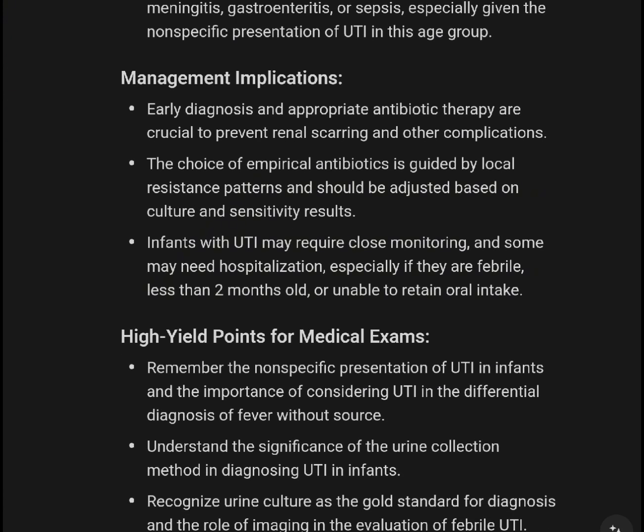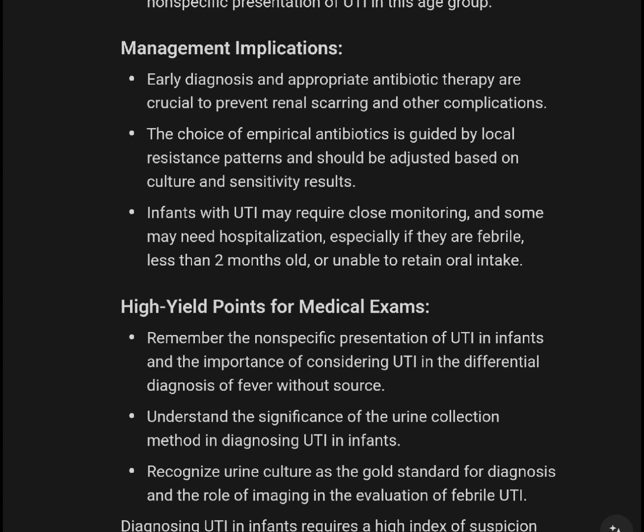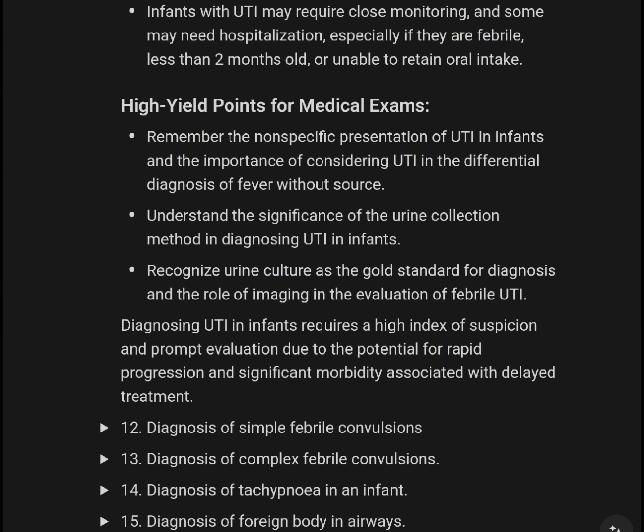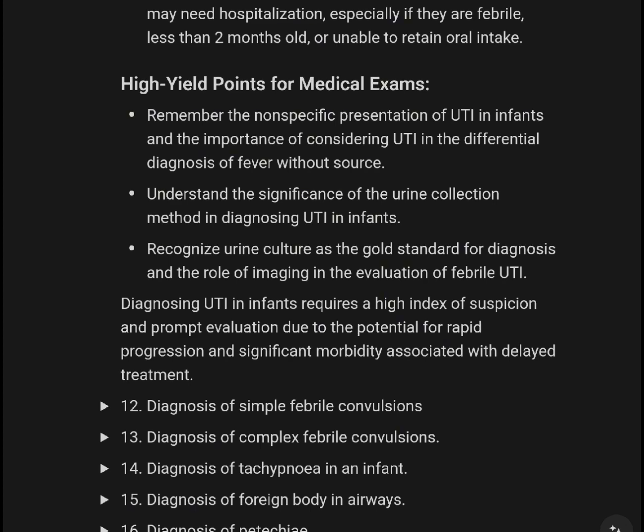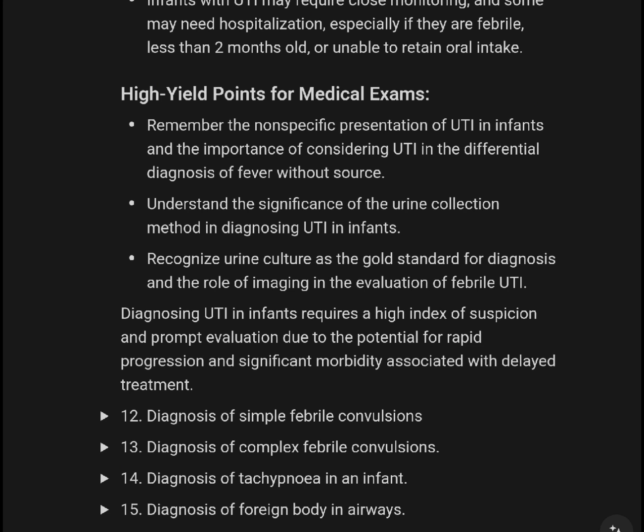Management: early diagnosis and appropriate antibiotic therapy are crucial to prevent renal scarring. High yield points: remember the non-specific presentation of UTI in infants and the importance of considering UTI in the differential diagnosis of fever without source. Understand the significance of urine collection method in diagnosing UTI in infants. Recognize urine culture as the gold standard for diagnosis and the role of imaging in the evaluation of febrile UTI.